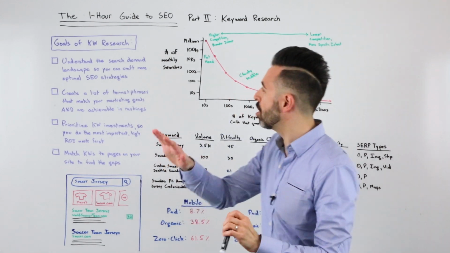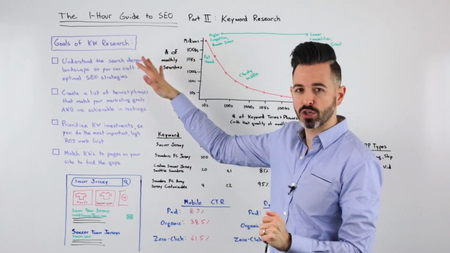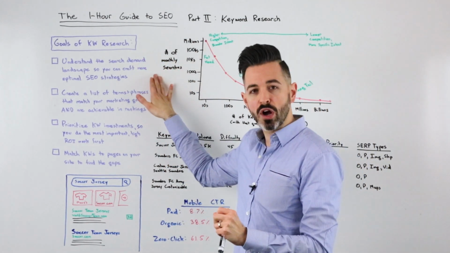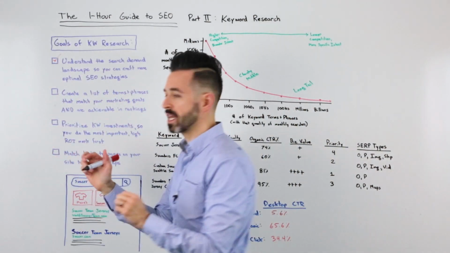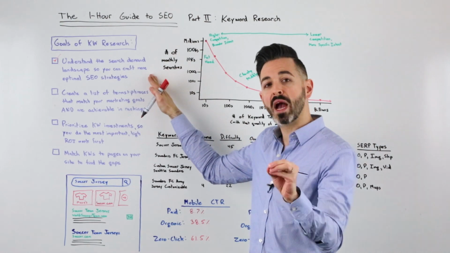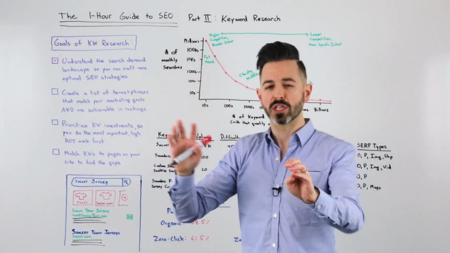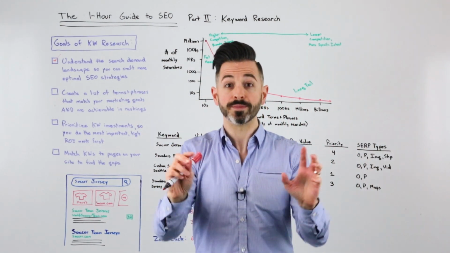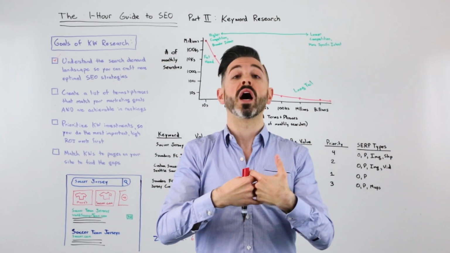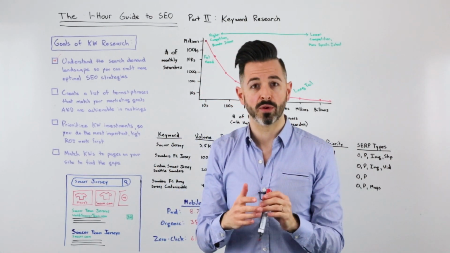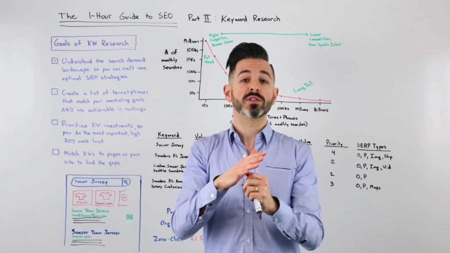So let's talk about some of the big picture goals of keyword research. First off, we are trying to understand the search demand landscape so we can craft better SEO strategies. Let me just paint a picture for you. I was helping a startup here in Seattle, Washington, a couple of years ago, called CrowdCow. CrowdCow is an awesome company.